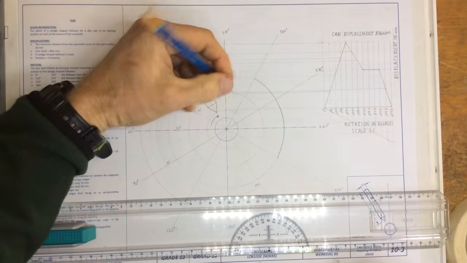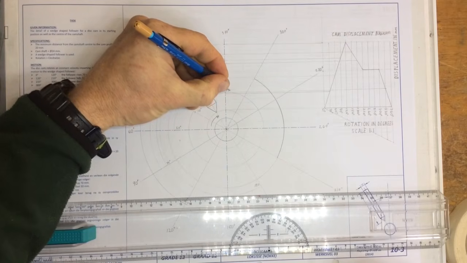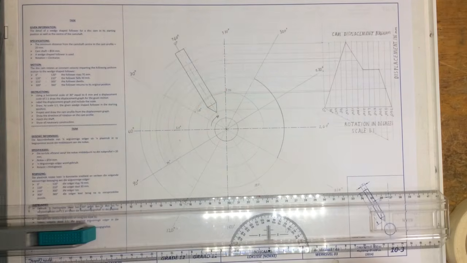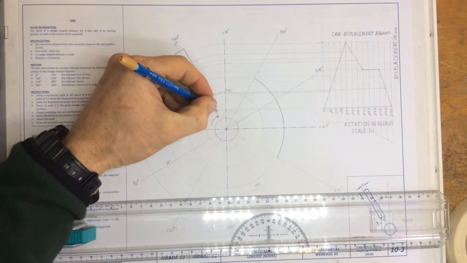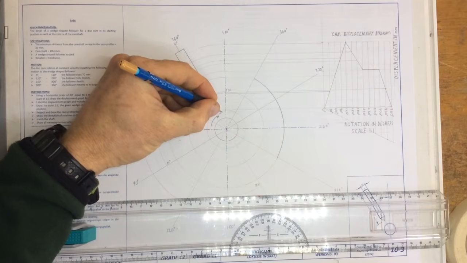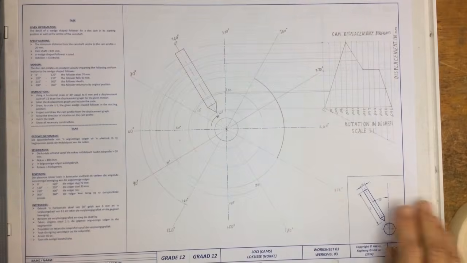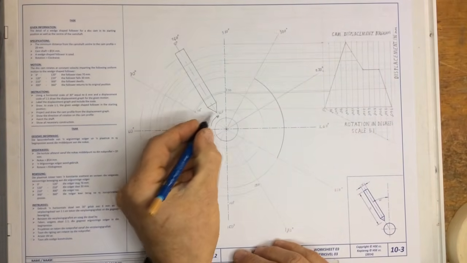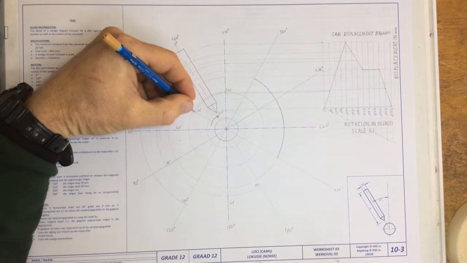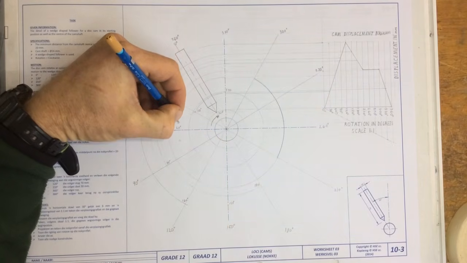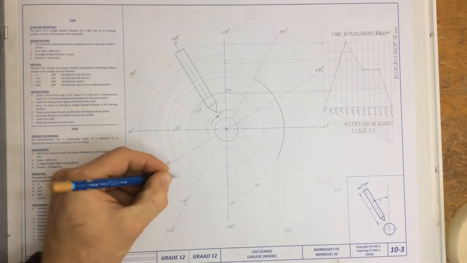See that point over there is on 330, so that's 330 over there. And it then goes back to 360, which is that point over there. That would be 360. Once I've got that, you need to use either your French curves or a freehand curve. I would just go with a freehand just to save some time. If you can do it, just go little dots around there, linking up all of these points that you've got.